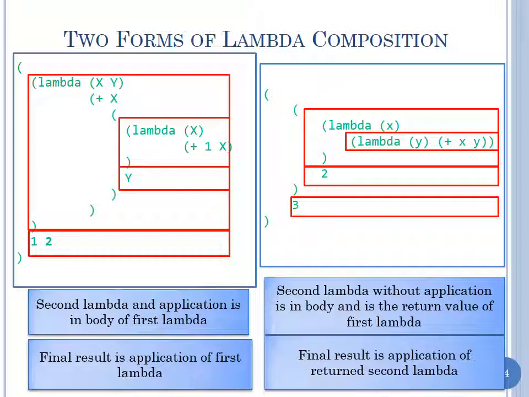This you saw in first-order and higher-order functions, the return values and funargs. They're somewhat similar in that they're higher-order functions, and here again we see some similarity in the two cases, with returns and with the two forms of composition, one of which is a return.